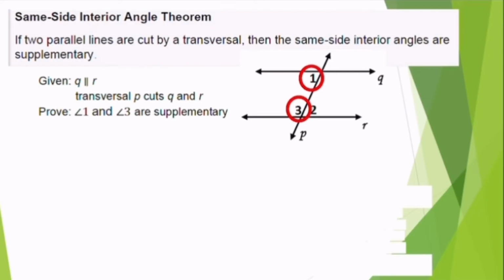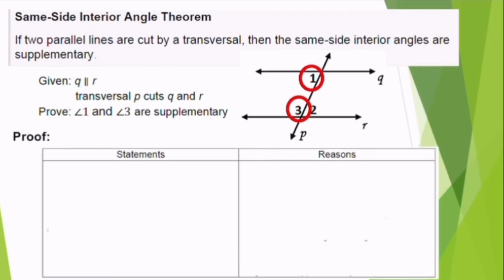You need to remember that if the sum of two angles is 180 degrees, then they are said to be supplementary angles. Again, from here, we need our proofs. So we will have our statements and reasons.